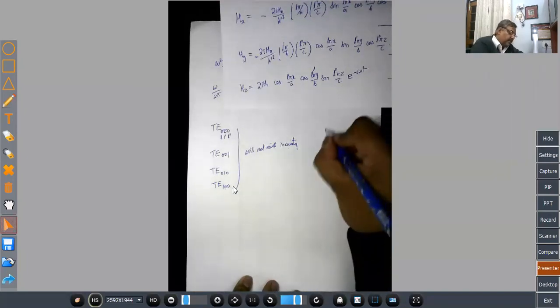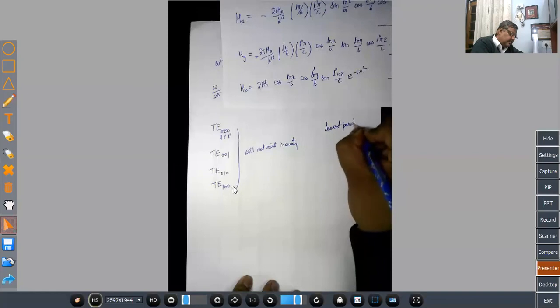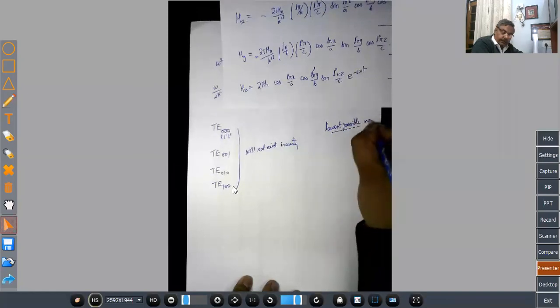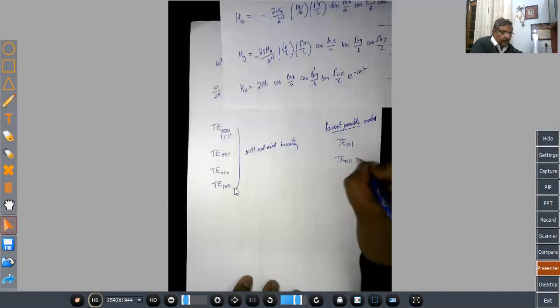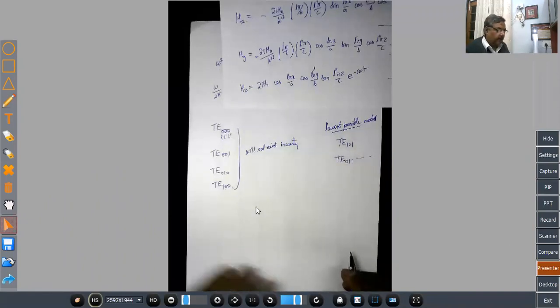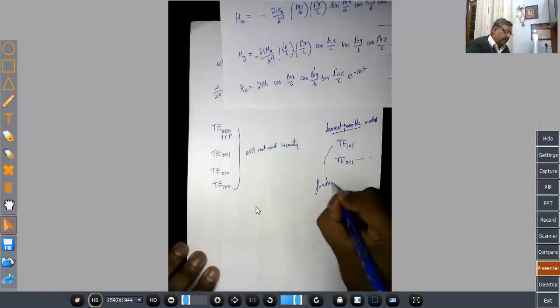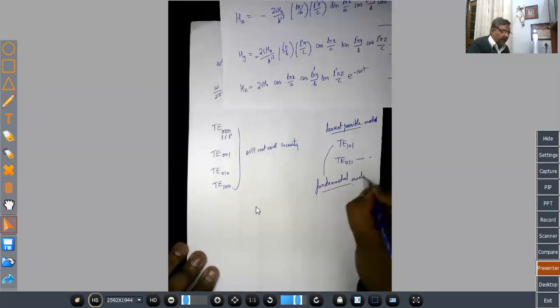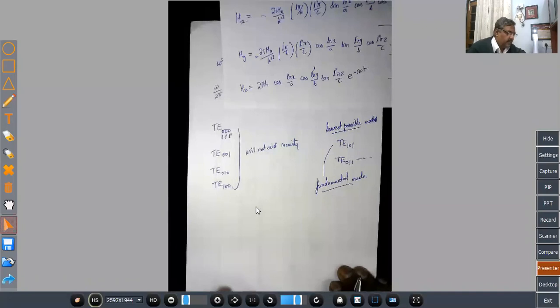So with the lowest possible modes, and so on, this will be the fundamental mode, and its frequency will be the fundamental frequency.